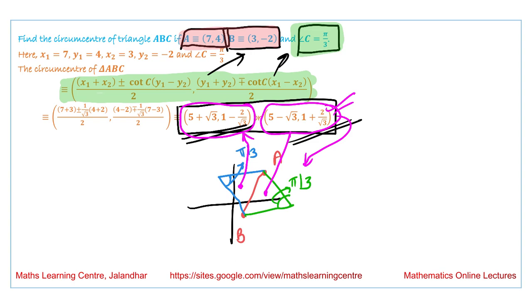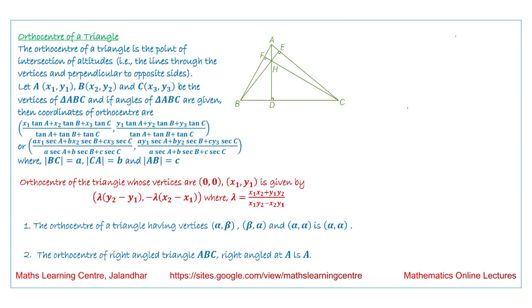The next term we have is the orthocenter of a triangle. The orthocenter is the point of intersection of the altitudes, that is, the lines through the vertices and perpendicular to the opposite sides.